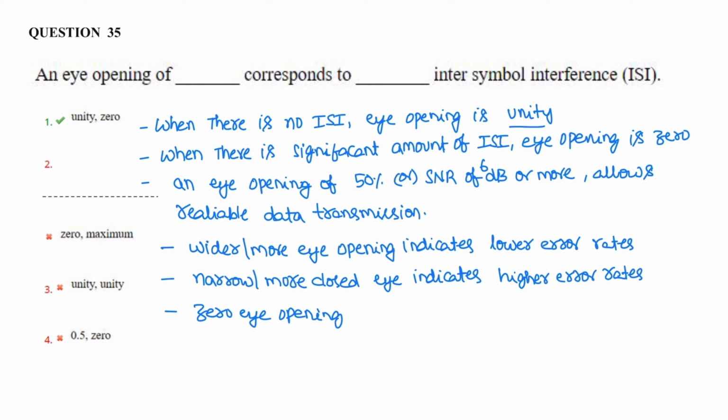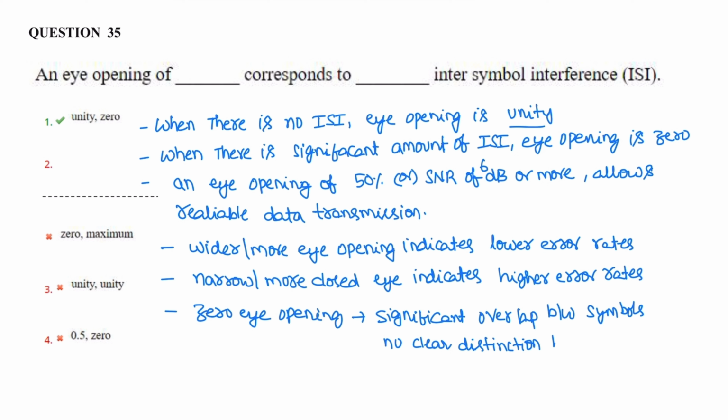Eye opening is 0 means significant amount of ISI, that is significant overlap between symbols, no clear distinction between transmitted symbols.